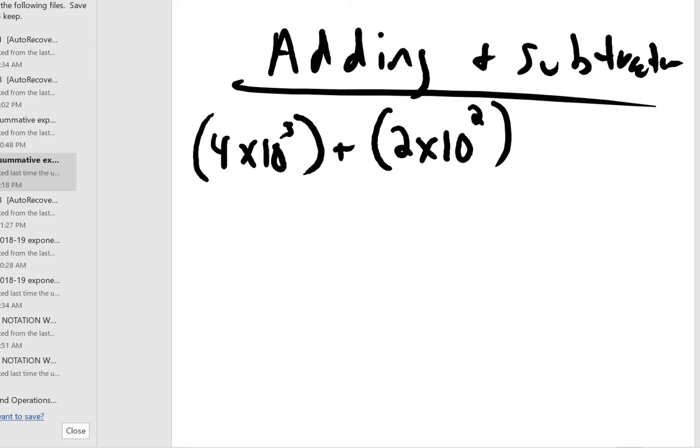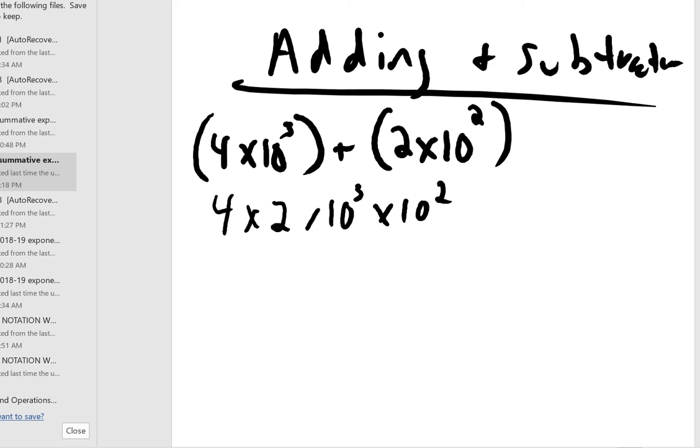This is completely different than how you would multiply or divide, all right? The reason is, if you were to put these in standard form, you can't just rearrange it and write 4 times 2 times 10 to the third times 10 squared, because you're not multiplying all this together anymore. You're adding.